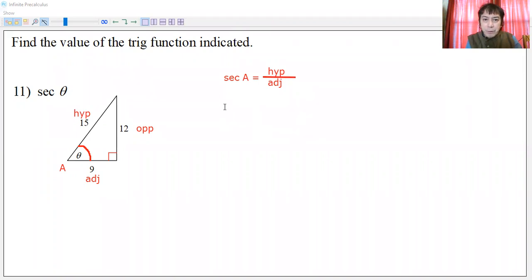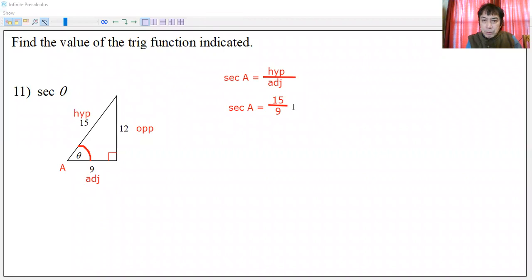So for our ratio, the secant of angle A is equivalent to 15 divided by adjacent, which is the 9. Okay, so this is our fraction. Okay, but then this looks like reducible to lowest term.